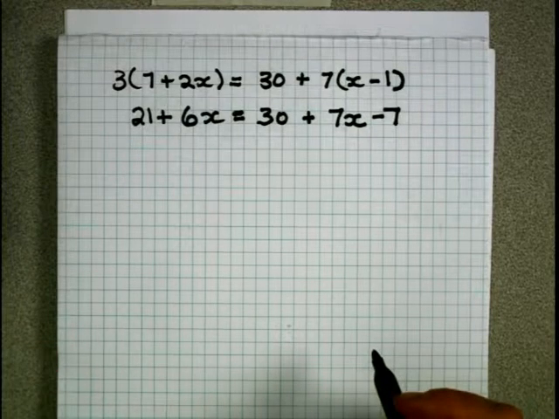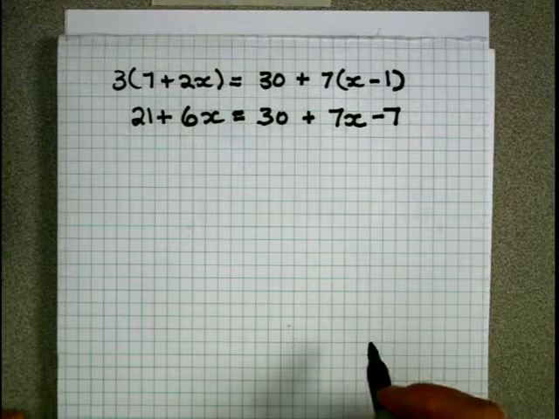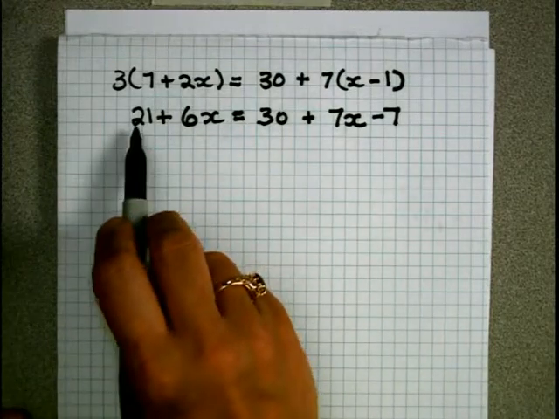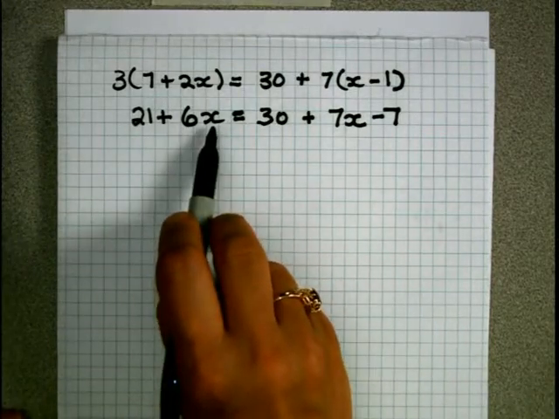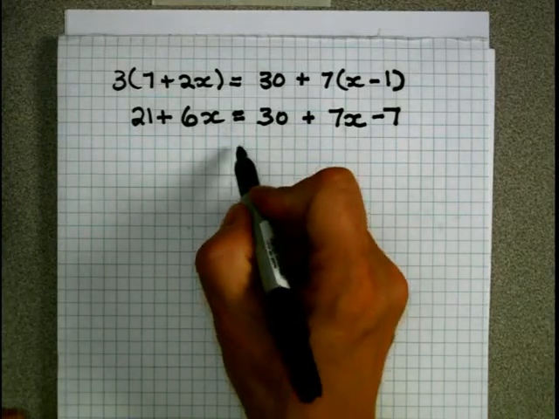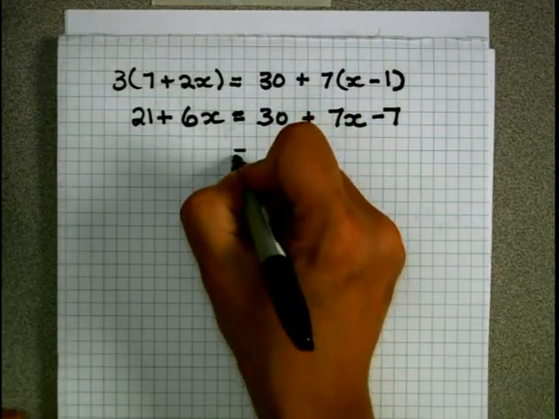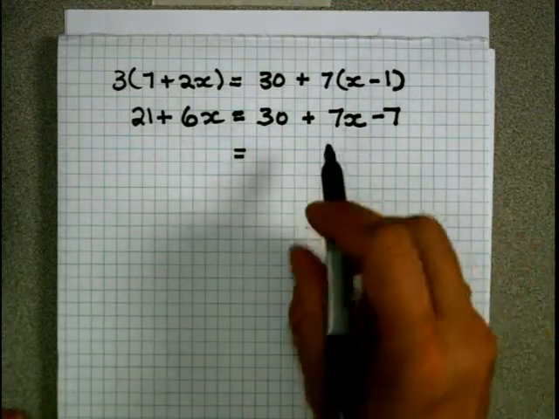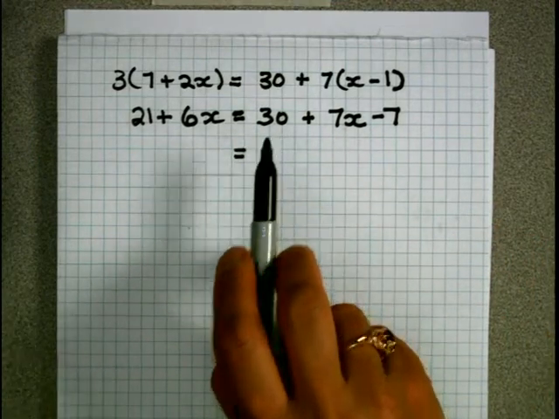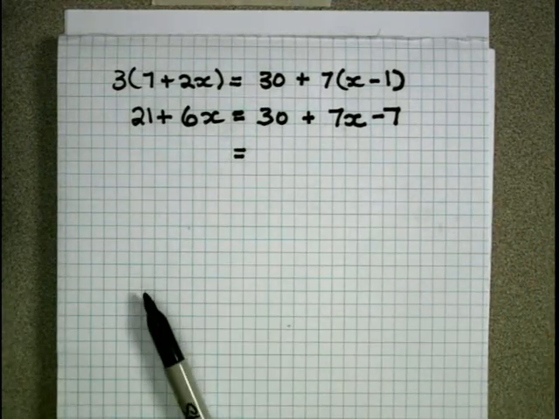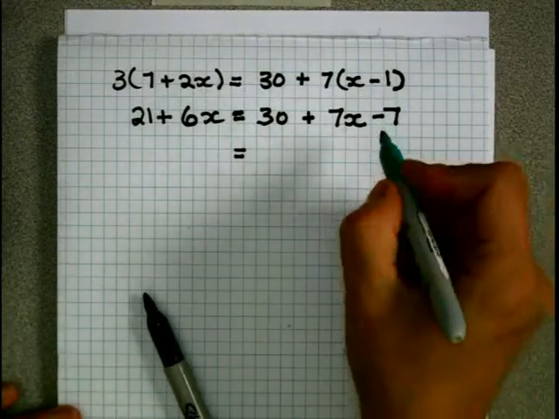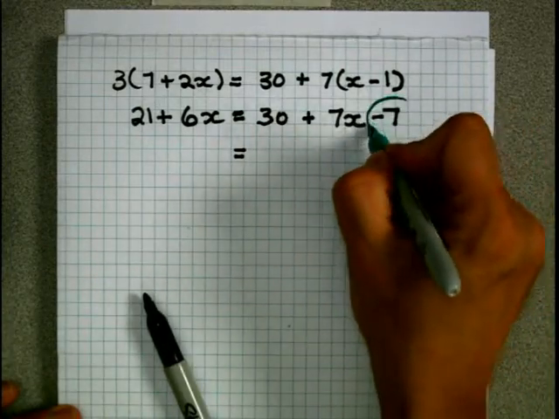We have to look at each side of the equation to see if there's anything that we can do to further simplify. On the one side of the equation we have 21 plus 6x. Not much we can do there. We're going to put our equals directly underneath the other equal sign. On this side of the equation we have a 30, a positive 7x, and a negative 7.